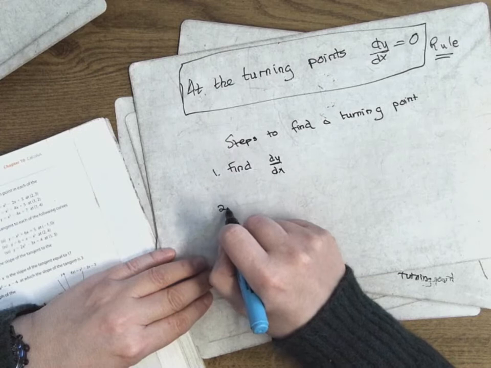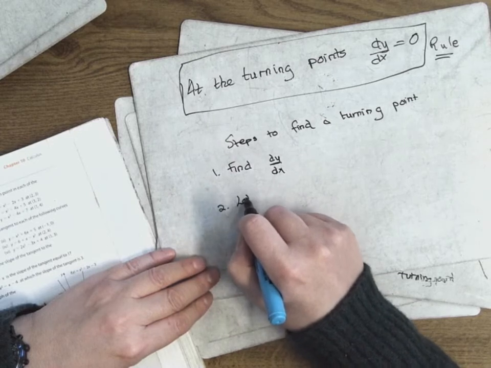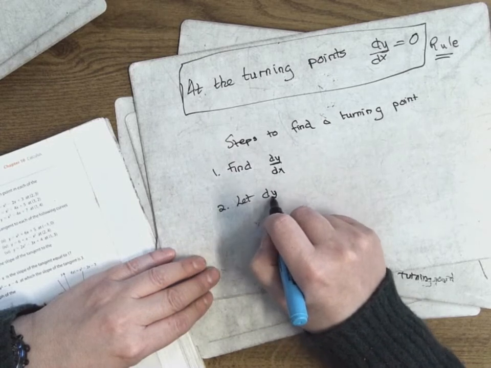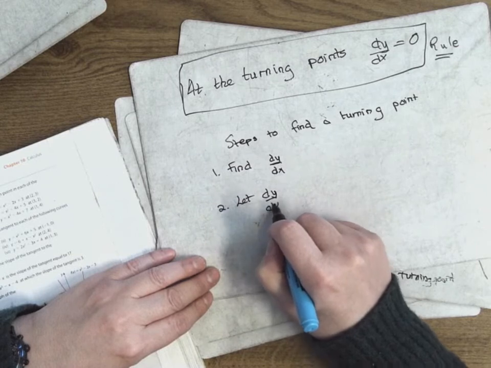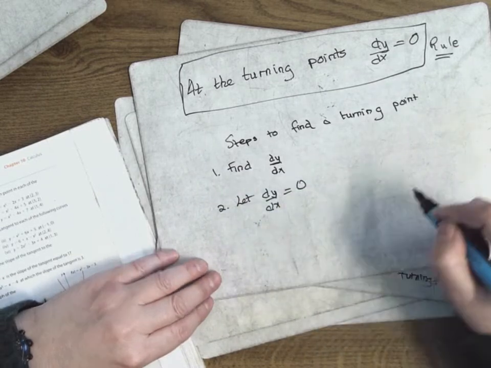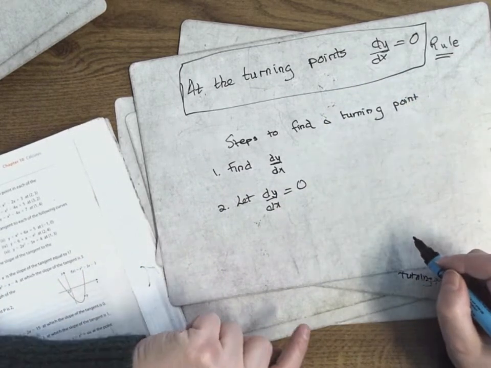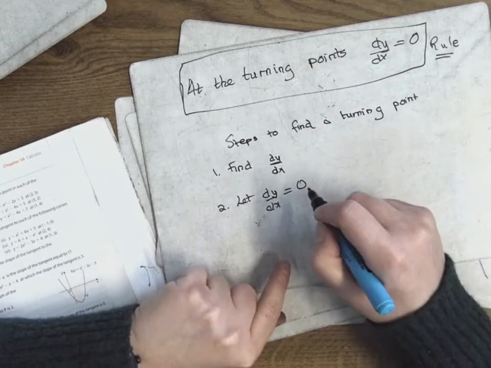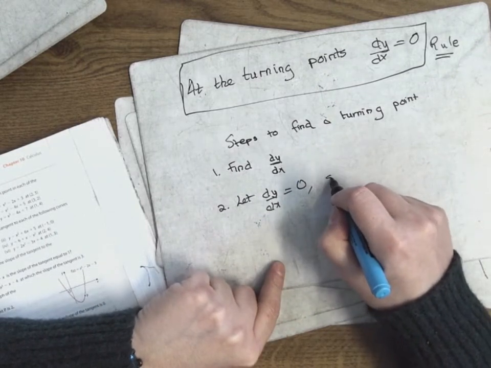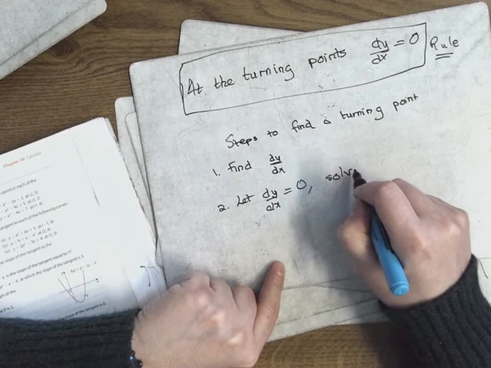Number 2, let dy/dx equal 0, because that's the rule: at the turning points dy/dx equals 0, and then you solve for x.